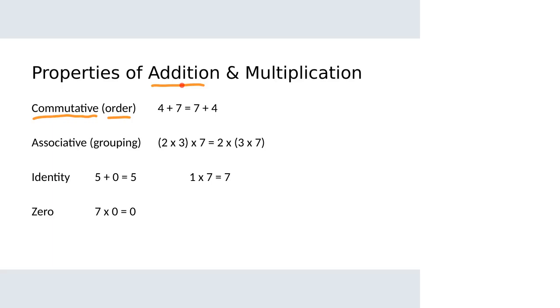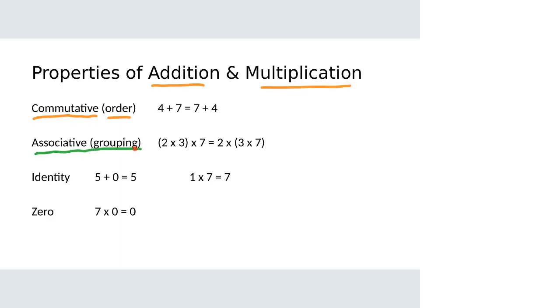Commutative works for addition and also for multiplication. It does not work for subtraction or division. Commutative is about order, so if you see a problem where the order changes, that's an example of the commutative property.